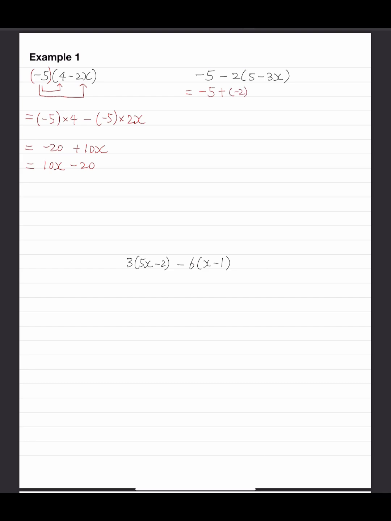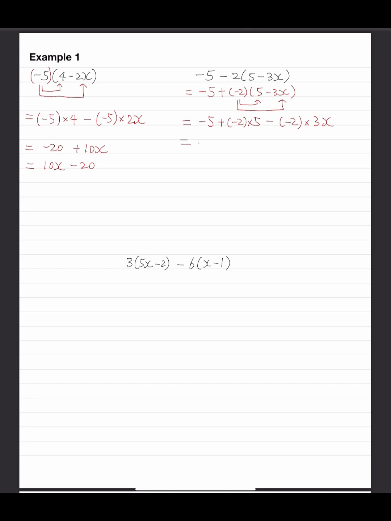So you plus a negative 2 times 5 minus 3x. In this way, we know that it's not the 2 I'm multiplying with each of the terms in the brackets, it is the negative 2 that I'm multiplying. And then we got negative 5 plus negative 2 times 5 minus negative 2 times 3x.